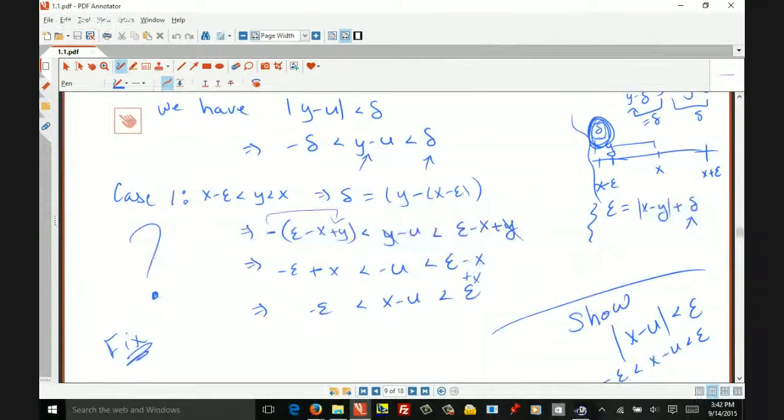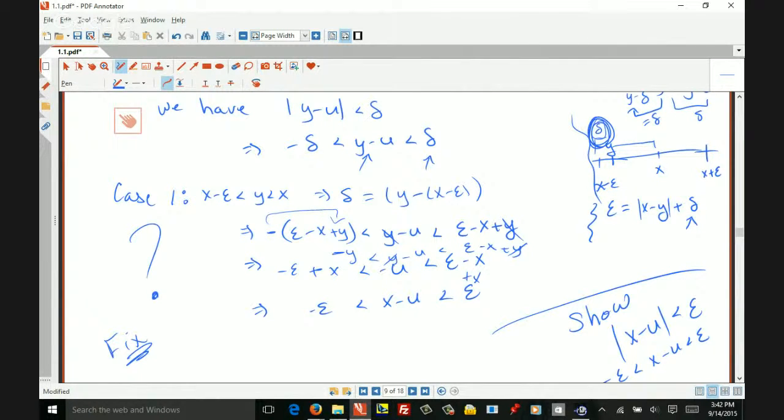Notice the problem we keep having is that this y, when you take that minus sign through, you end up getting a minus y over here is less than y minus u is less than epsilon minus x plus y. So I can cancel it from the right-hand side, but not from the left-hand side. So I actually need to notice something right here.